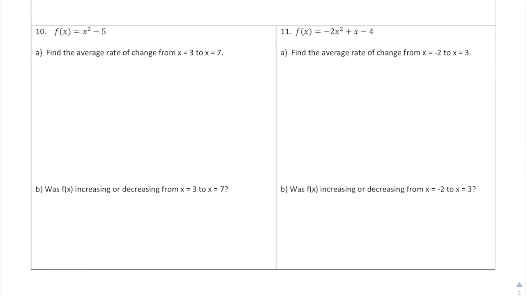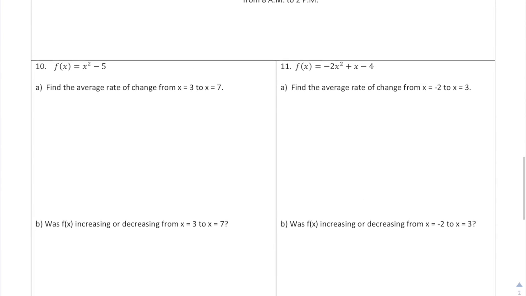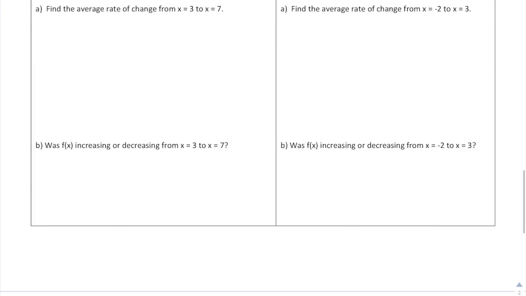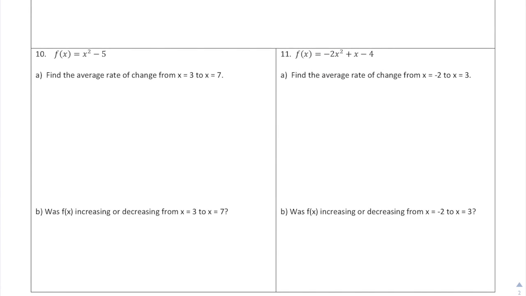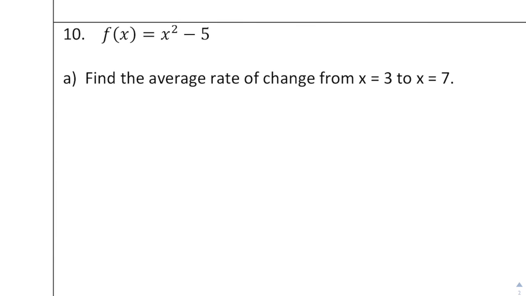And then 10 and 11 is exactly what we just covered. So from an equation, you have to make a table. You have to make your own table for each of these and include your equation, just like we did in the notes. If you have to flip back and forth between your notes, do that.